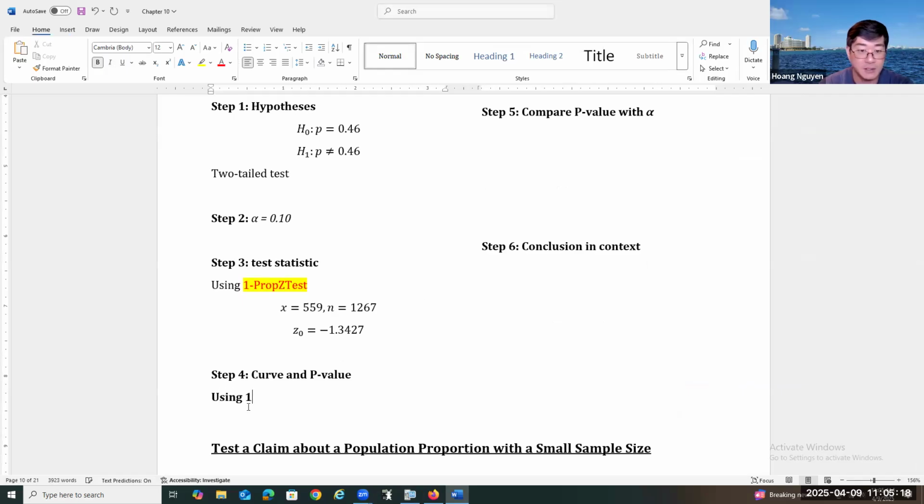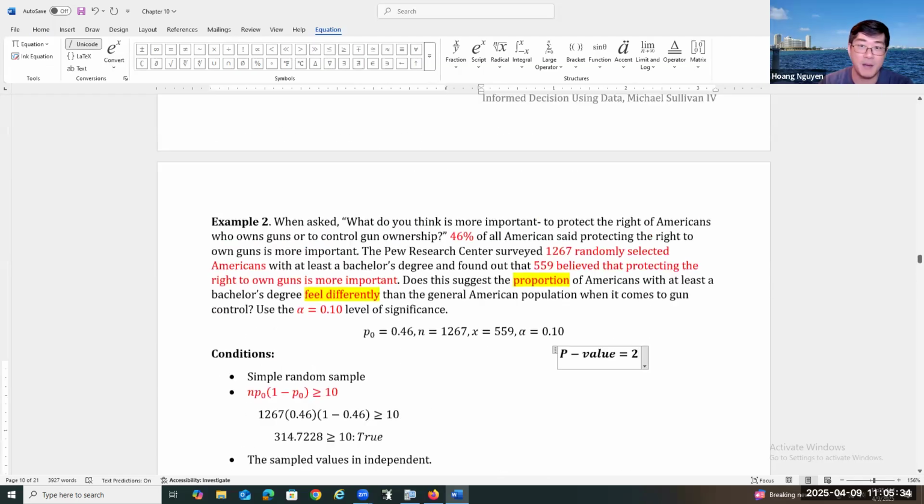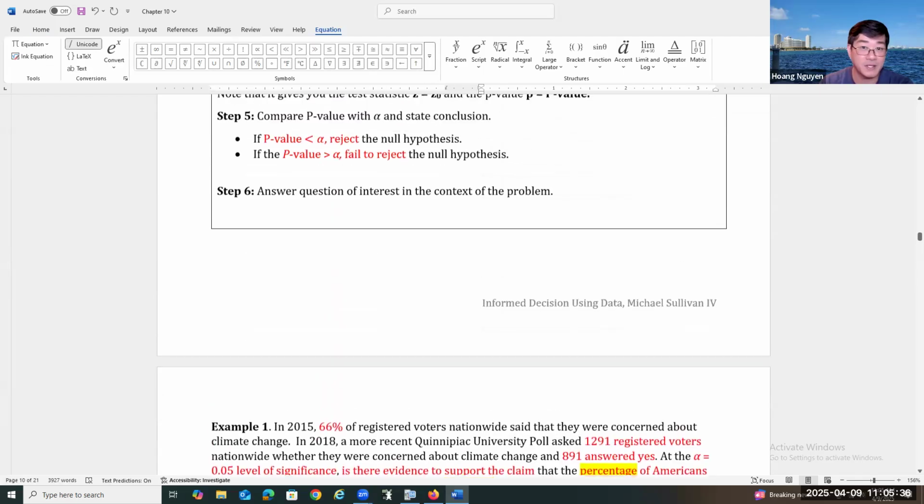Using the 1 proportion z-test to get the p-value, the p-value equals the probability. Because it's going to be a two-tailed test, it's going to be 2 times, yeah. So make sure that you copy the summaries over here, right?